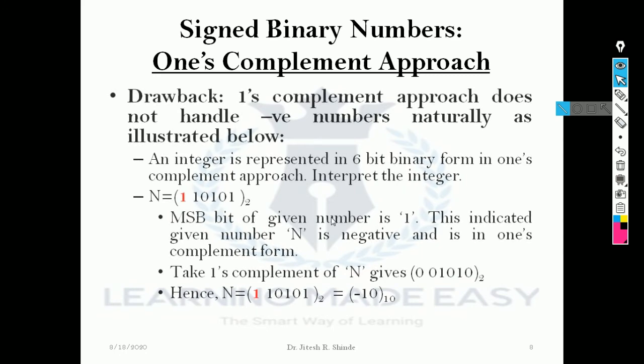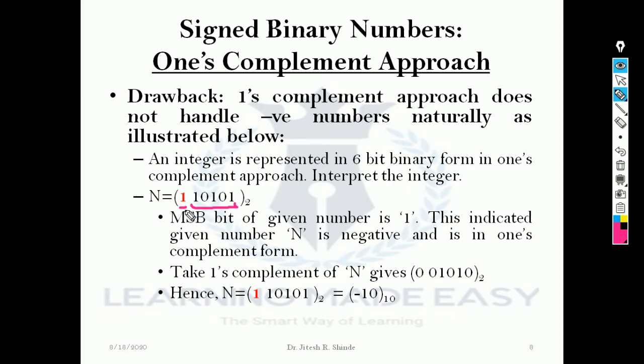Now the drawback. The one's complement approach does not handle negative numbers naturally, as illustrated below. Say the number capital N is equal to 1010101. Here the MSB bit indicates that the number is negative. This further tells us that the remaining bits, which represent the magnitude, will not give the exact answer.